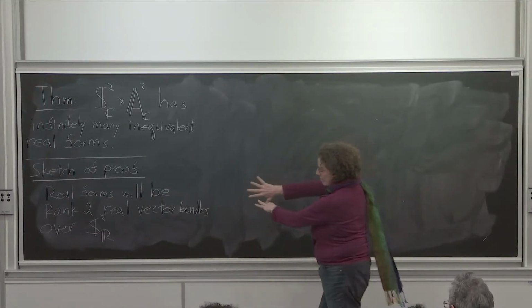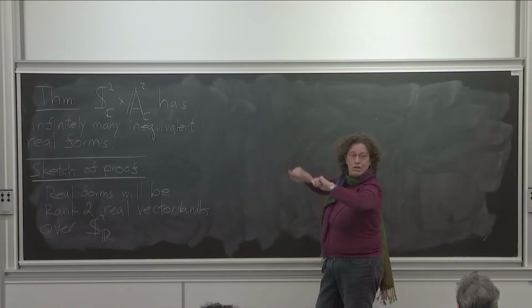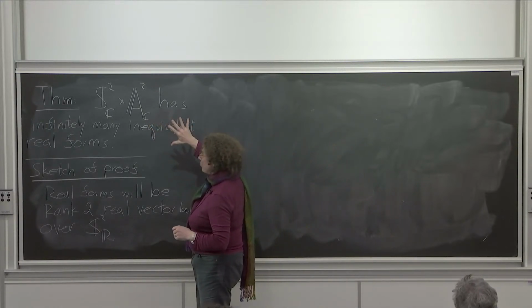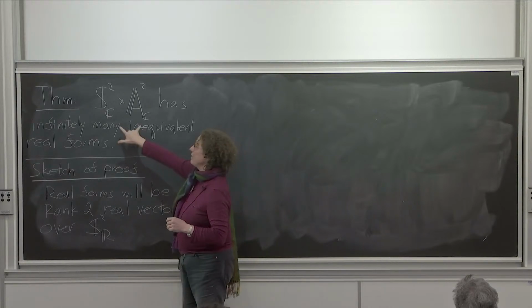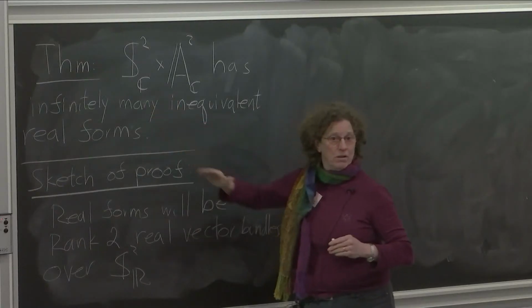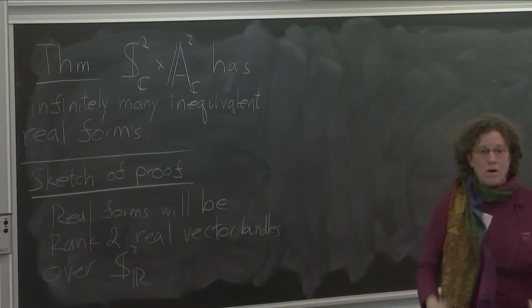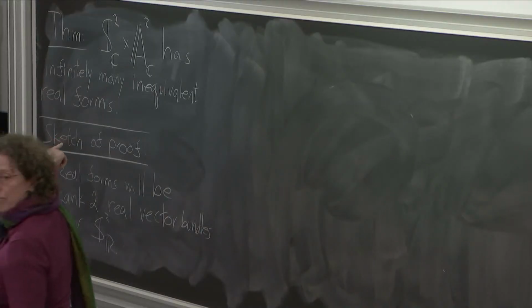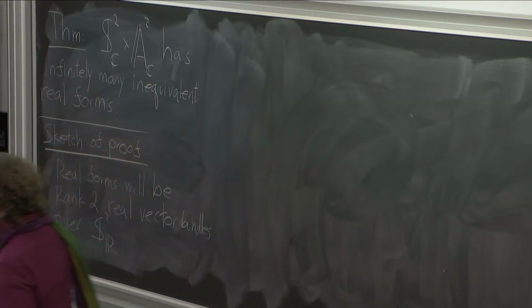So, okay, that's the idea, but now I'm going to turn around and go the other way. I'm going to start with a construction of rank 2 complex vector bundles over S2C, and then define real structures on them that give these real forms. So the idea is as follows.